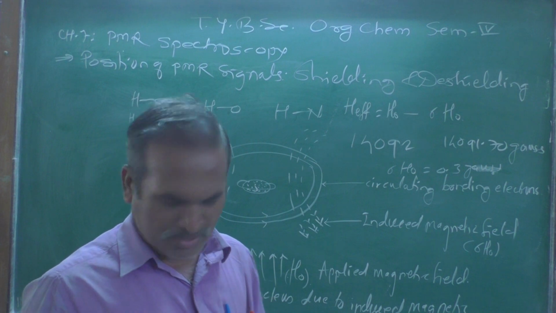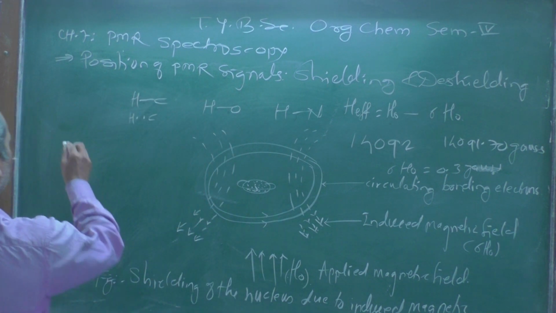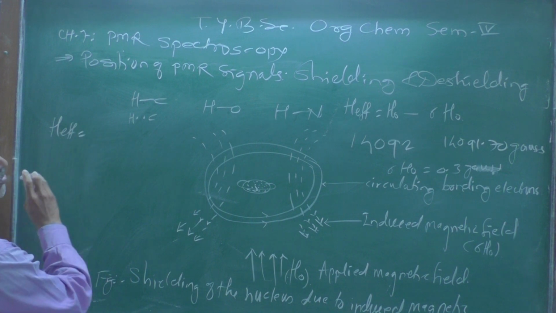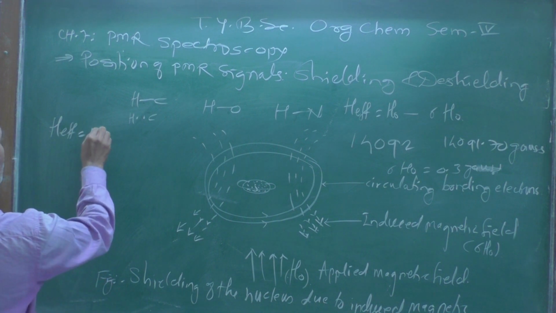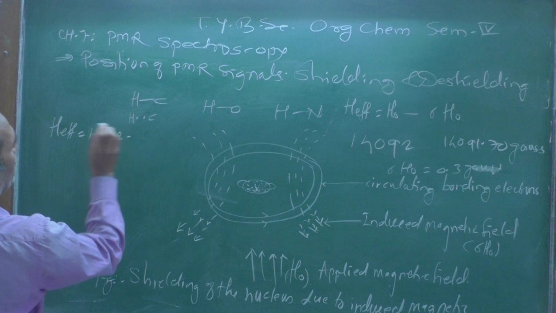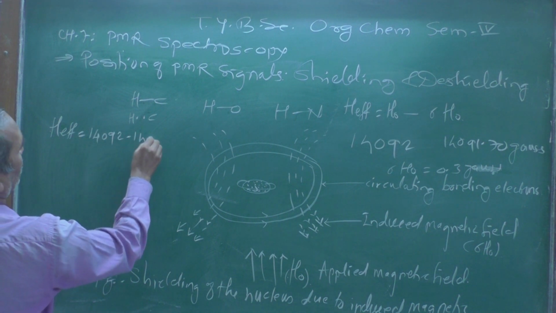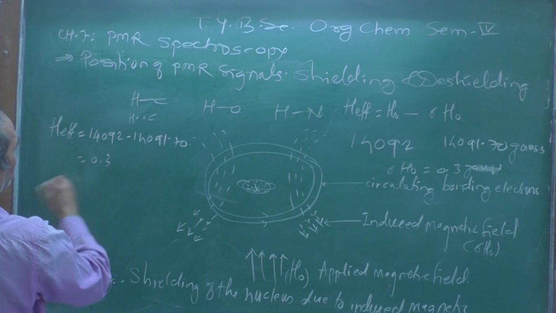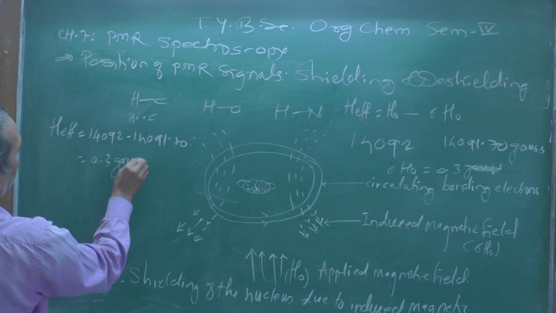H effective is therefore, substituting the values, H0 which is 14,092 minus 14,091.70, and it comes to around 0.3 Gauss.